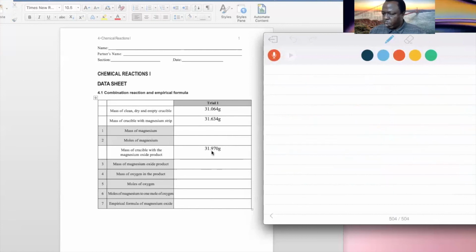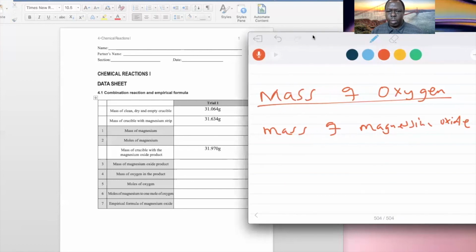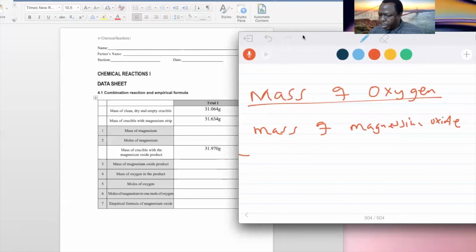Therefore, mass of oxygen is given by the mass of magnesium oxide minus the mass of magnesium alone.